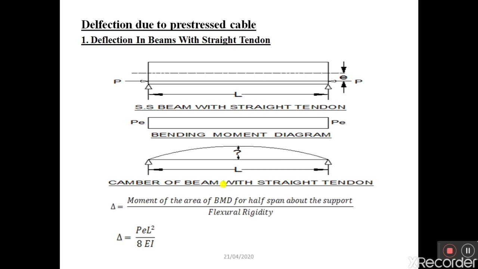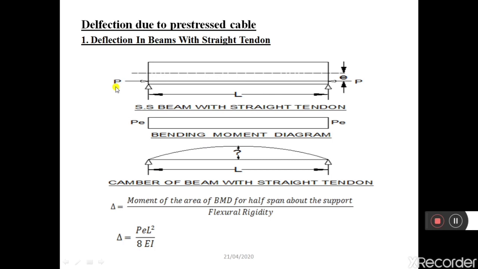So firstly, let us consider deflection in beams with a straight tendon. Here I will consider a rectangular beam, let depth be d and length be L. The cable is provided with an eccentricity of e. Hence the cable has a constant eccentricity throughout its span.